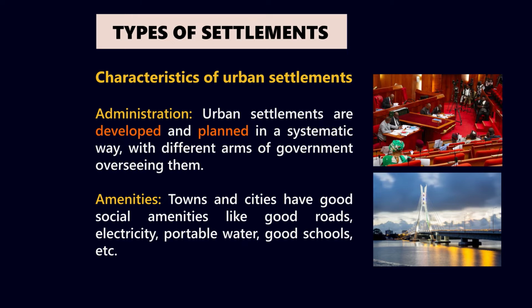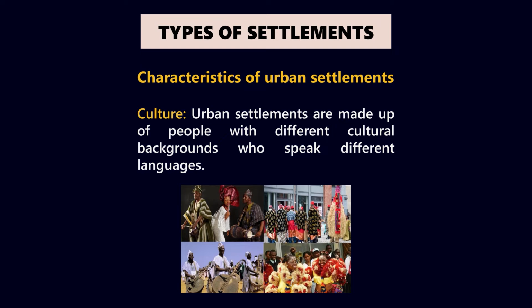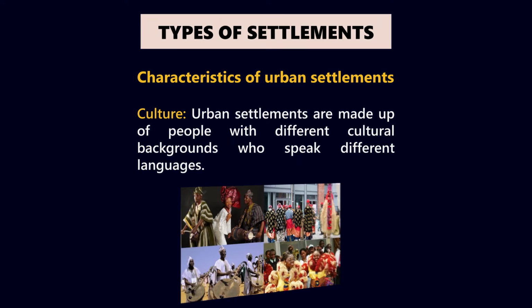For amenities, urban settlements such as towns and cities have good social amenities such as good roads, good schools, electricity, and pipe-borne water. And lastly, culture. People living in urban areas or settlements usually come from different backgrounds and they speak different languages.